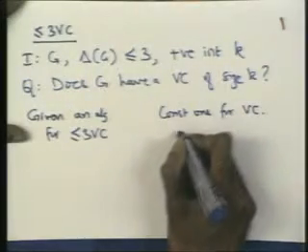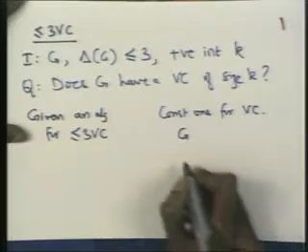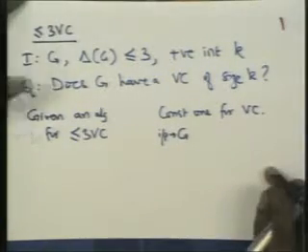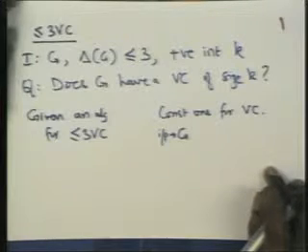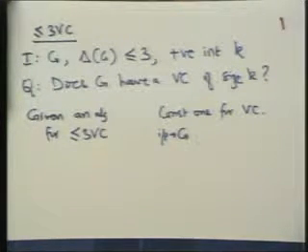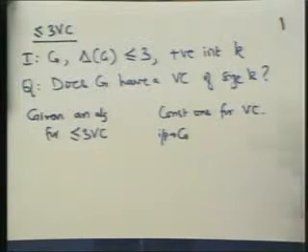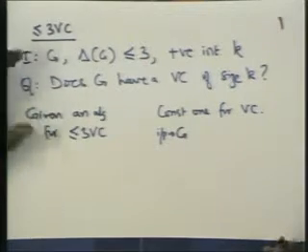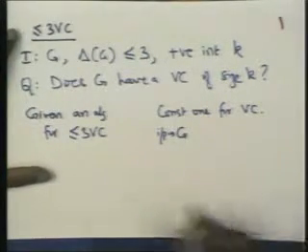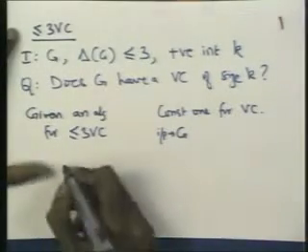So we take the input graph, let's say G. Now this could have vertices of varying degrees, especially vertices with degree greater than 3. If the vertex degrees are less than or equal to 3, we have no problem. Now, what do we do for these vertices with large degree? We use the split operation.